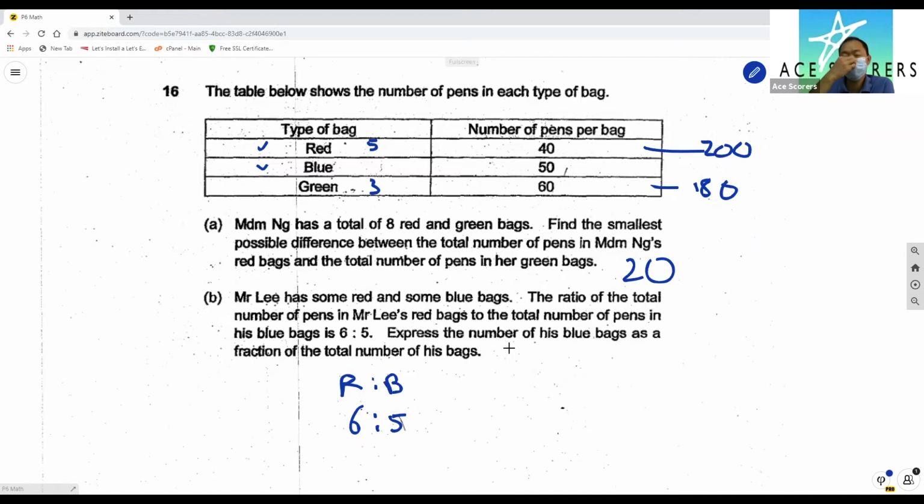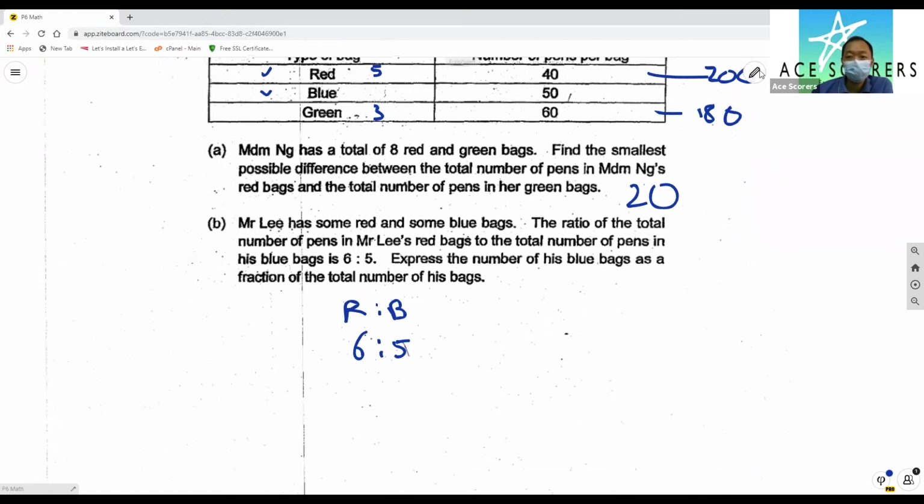Another VU question. Why? Because red has a value of 40. Sorry, this is VU. They already calculated the VU. VU 6:5. V is 40. And then this is 60.